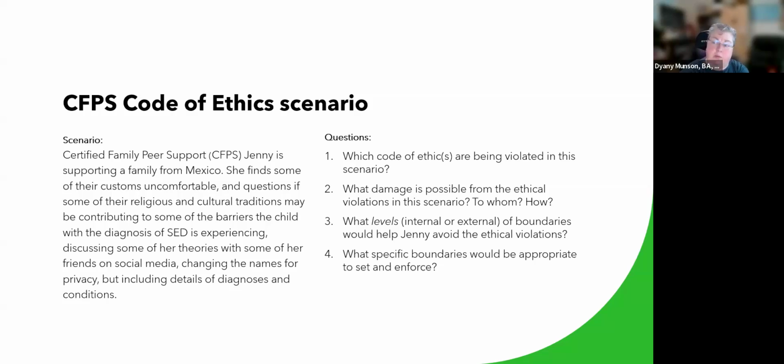But if you need to talk about things with a supervisor external to the agency, you need to make sure that confidentiality documentation is in place. Craig, that's a good thing to bring up. What else do we got?